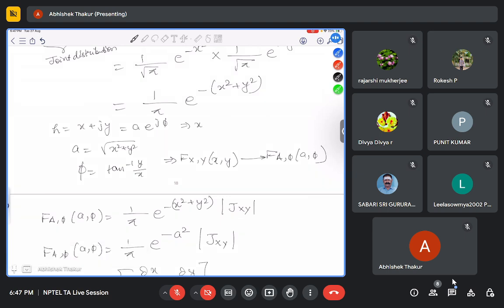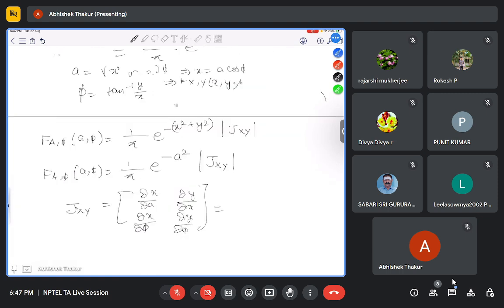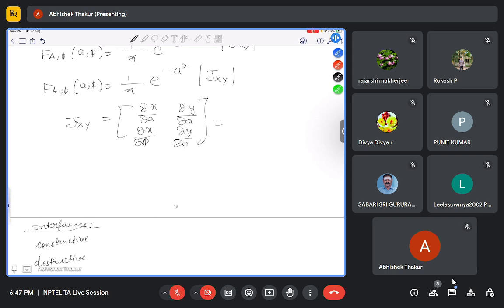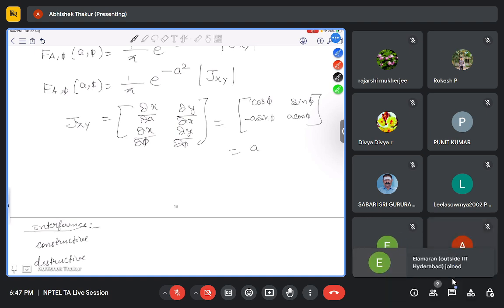Here we can take x is equal to a cos phi and y is equal to a sin phi. So after this we will get cos phi, sin phi, minus a sin phi, and a cos phi. When you find this, you will get a cos square phi plus a sin square phi. So the final answer will be a only.